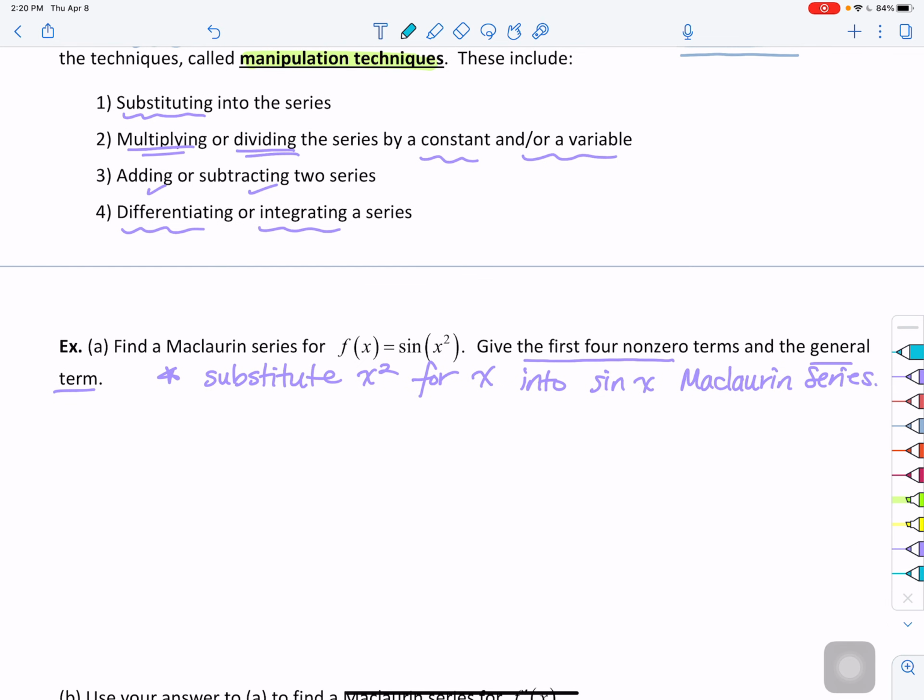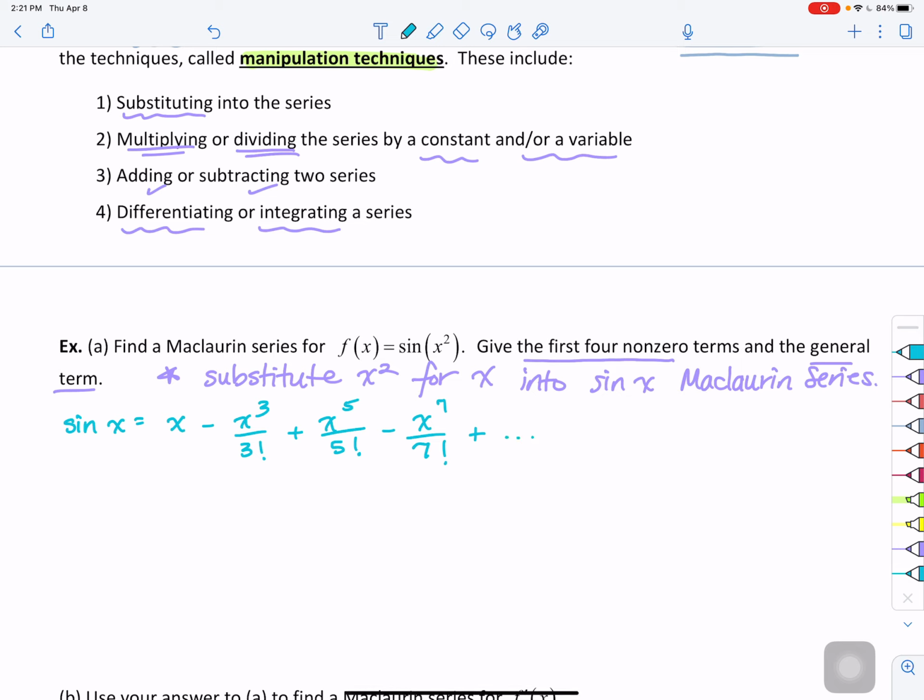We know that the sine of x is equal to, and sine is an odd function, so that might help you remember, x minus x cubed over 3 factorial plus x to the 5th over 5 factorial minus x to the 7th over 7 factorial plus ... Okay?